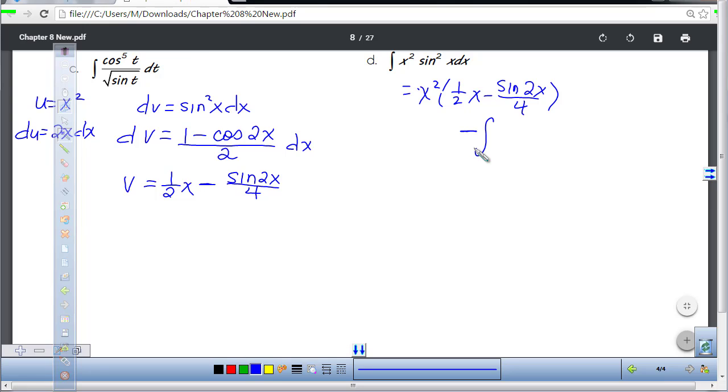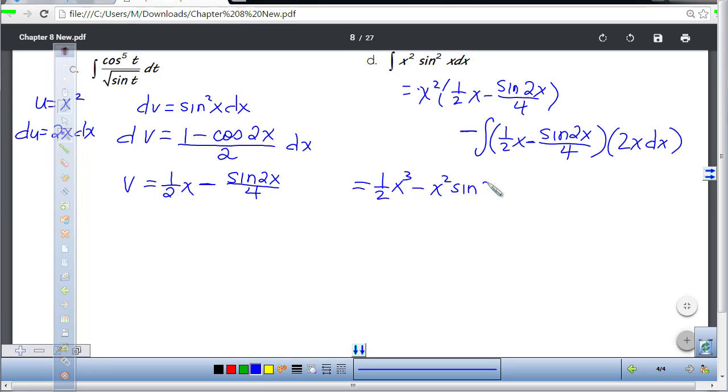Okay, so v is 1/2 x minus sine 2x over 4. Du is what? 2x dx. All right, so we get 1/2 x cubed, minus, and that part we don't even really have to worry about right now, but minus x squared sine 2x over 4.